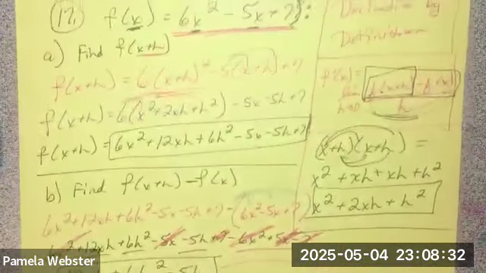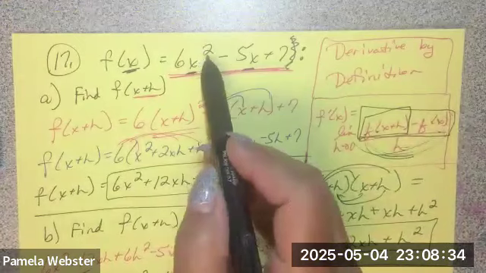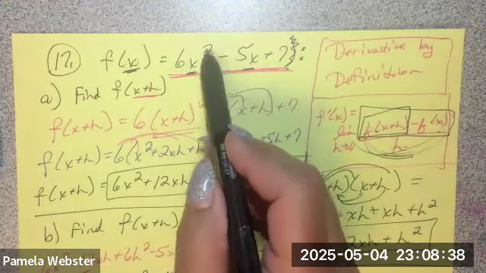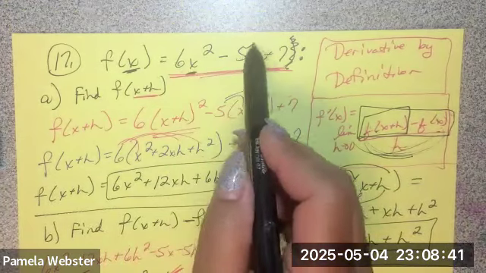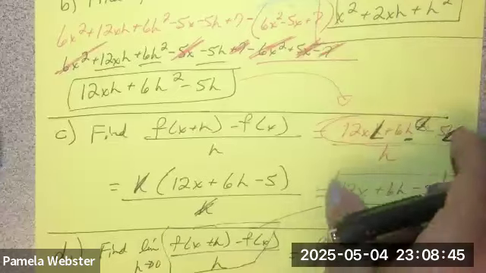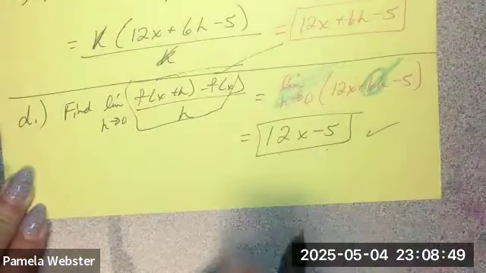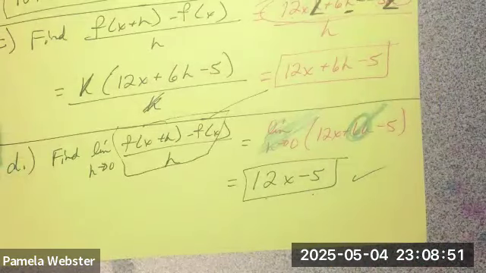Let's check ourselves. This was my original. Use your shortcut. 12x, subtract 1, 12x minus 5. That guy goes away, right? 12x minus 5. Check. There's no reason why anybody taking this test will miss this problem except that we just like mix up our negative signs or something.